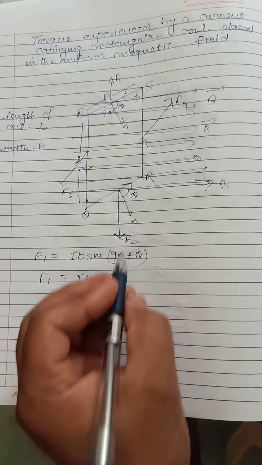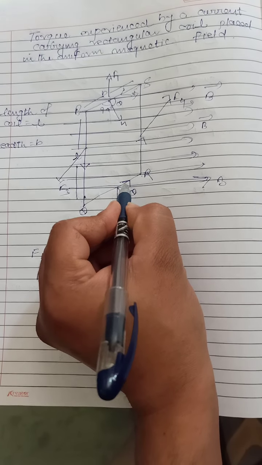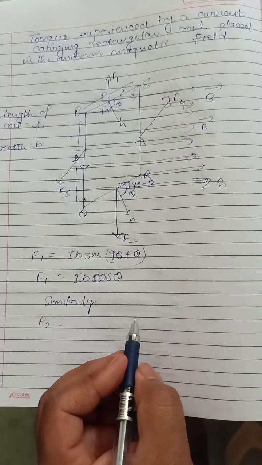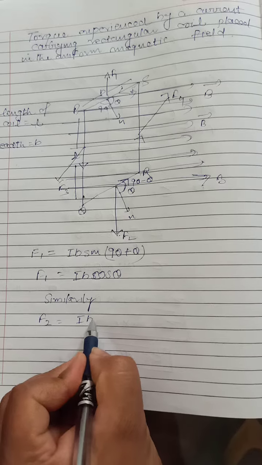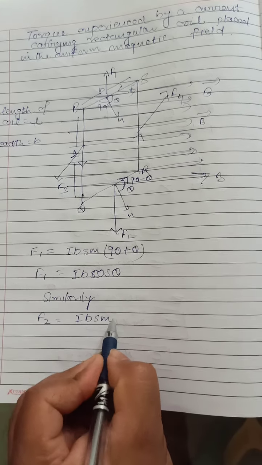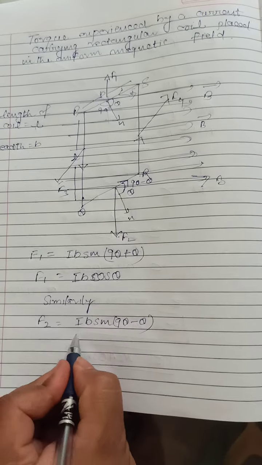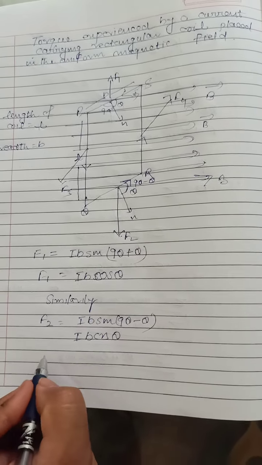So this angle is theta, but we have to find this angle. This is 90 minus theta. So again IB sin (90 minus theta). So this becomes again IB cos theta.